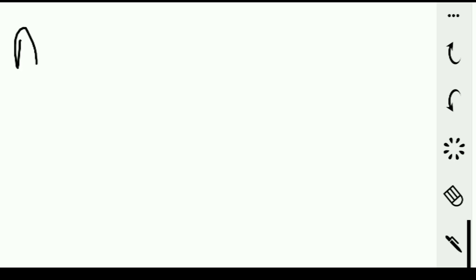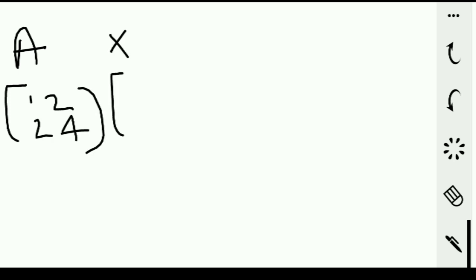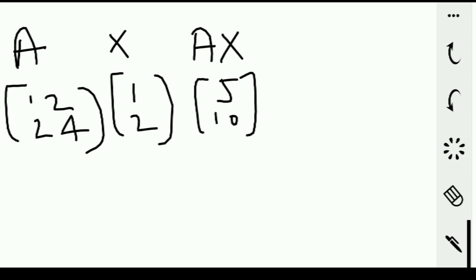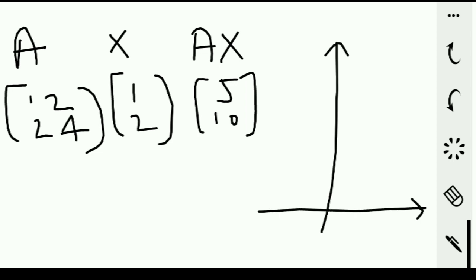Basically, what are eigenvalues and eigenvectors? For example, if you have this A matrix that is 1, 2, 2, 4, and a column vector 1, 2, then if you multiply A into x, you will get 5, 10. If you see this on the graph, this column vector 1, 2 will be like this: in the x it will be 1, and in the y it will be 2.